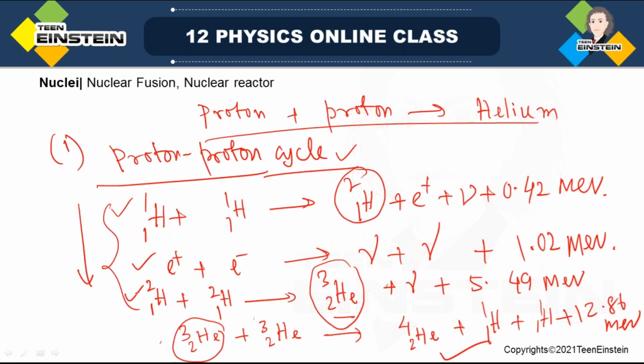So all three processes, the sequence of reactions, have to repeat twice to get two light helium nuclei, and they then combine to give the proper helium nucleus, and along with that protons are generated, and also 12.86 MeV energy. This is actually the proton-proton cycle.